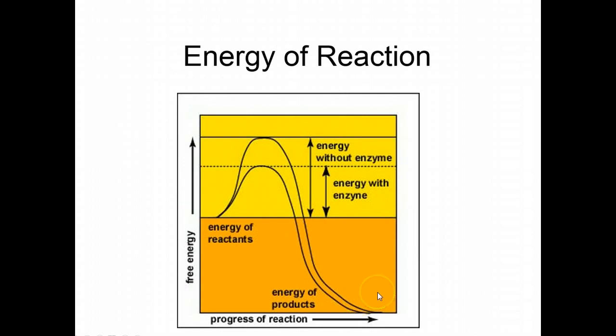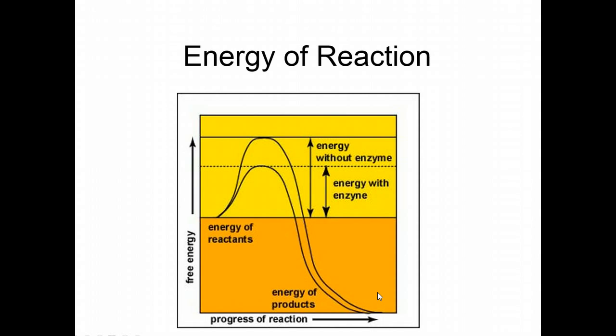Now, here is the classic cartoon or graph of a reaction. Now, the notion is that every reaction will occur and that an enzyme just speeds it up. Well, that's BS. There's a lot of reactions that will not occur without enzymes. But chemically, if you go back to Chem 101, then a catalyst just speeds up a reaction, right?